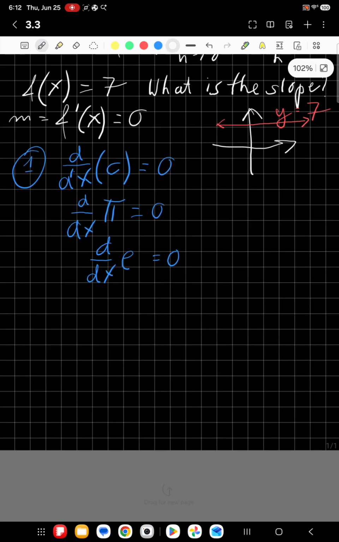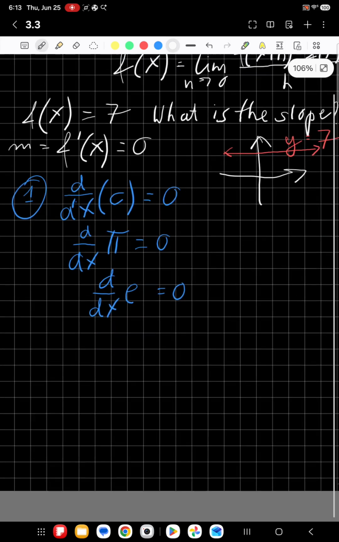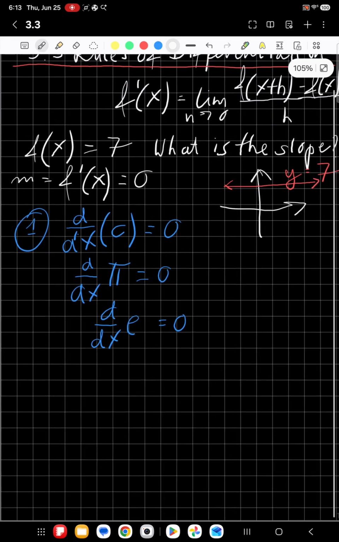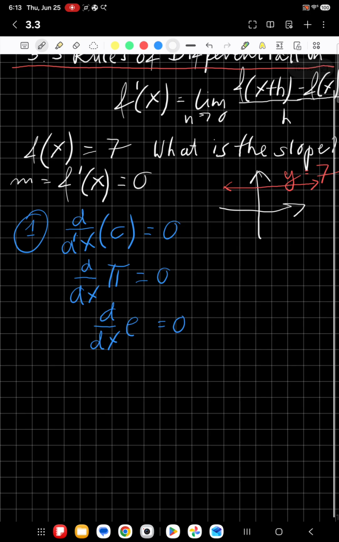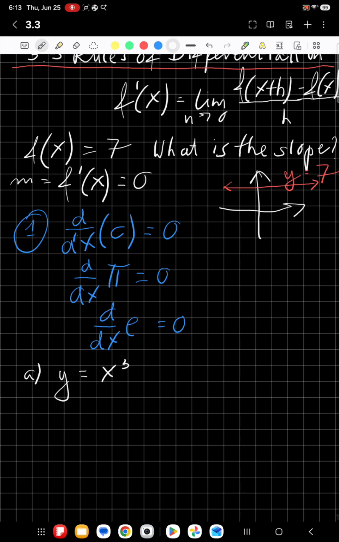Okay, so the second rule. Before I show you, maybe you can guess what that is. Let's say I'm trying to figure out the derivative of problem A, y equals x cubed. Maybe you've seen it in your pre-calculus class.